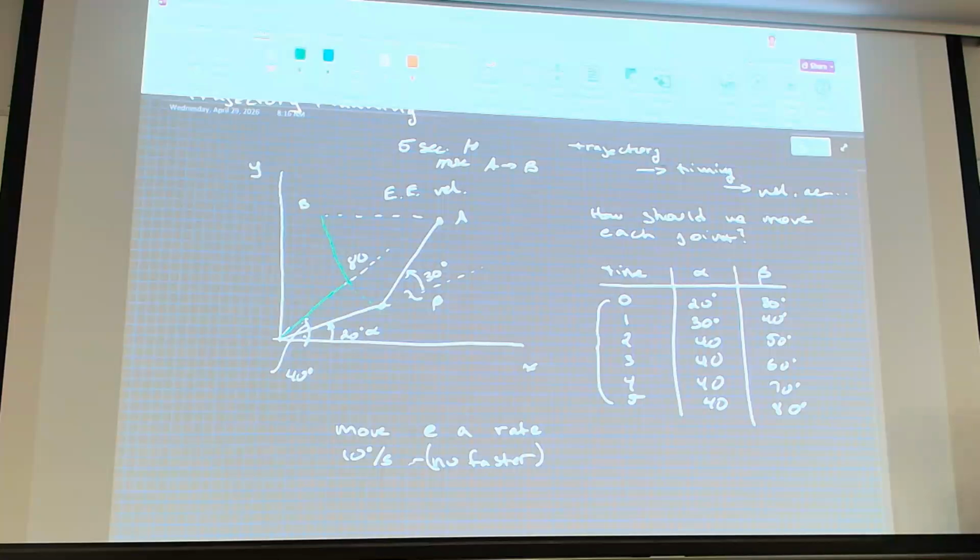But again, where is my fundamental load? In fact, let's go back before I even get to there. So if I were to look at this, I could see my intermediate. So I'm at 20, and I go to 30 and 40, right?